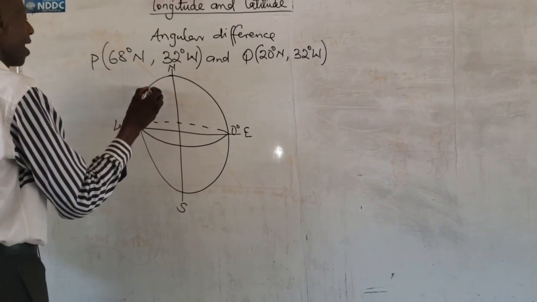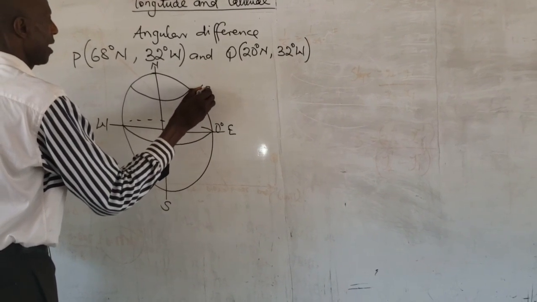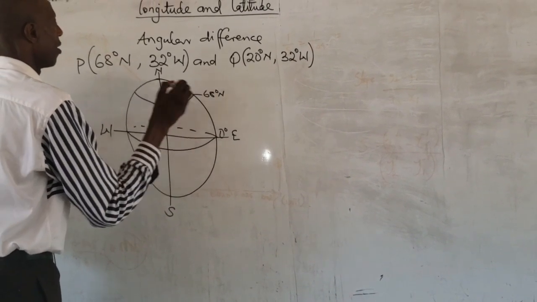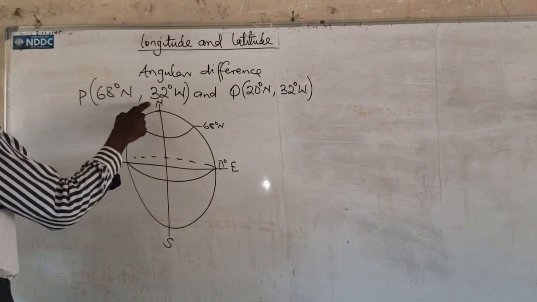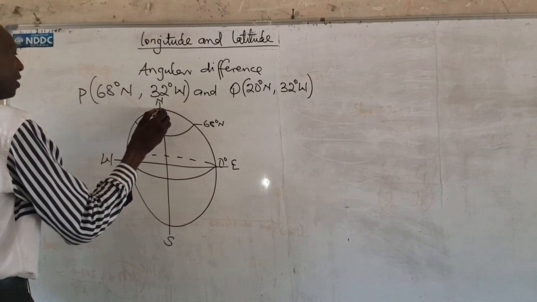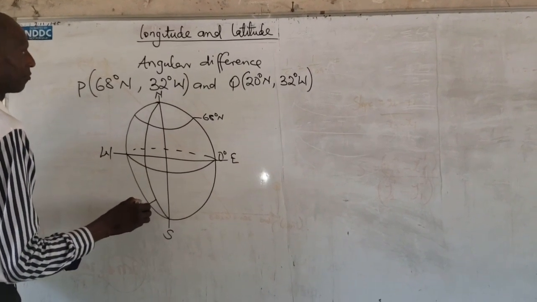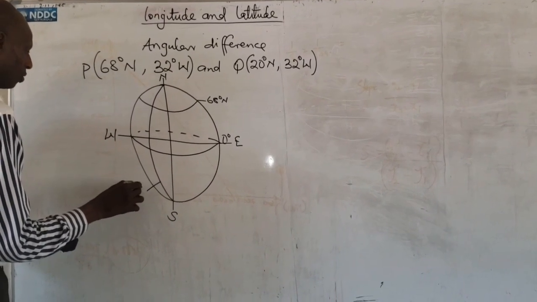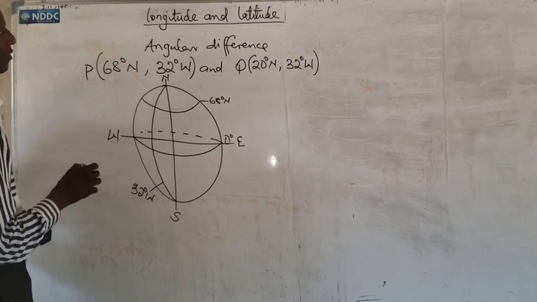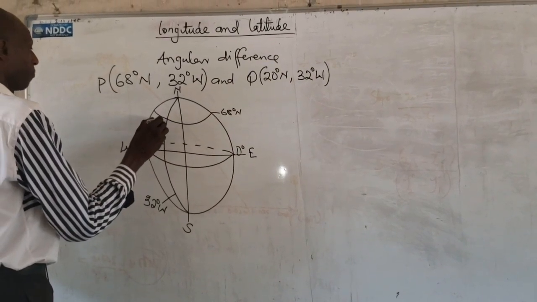So if you come here, this is 68 degrees north. And the longitude is 32 degrees west. It's coming to this place, which is 32 degrees west. This is P.